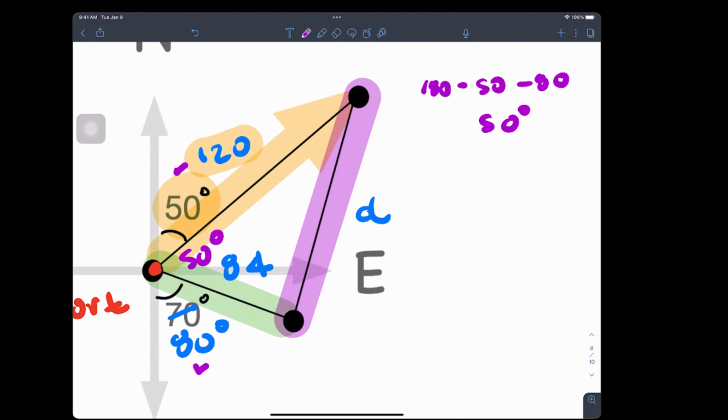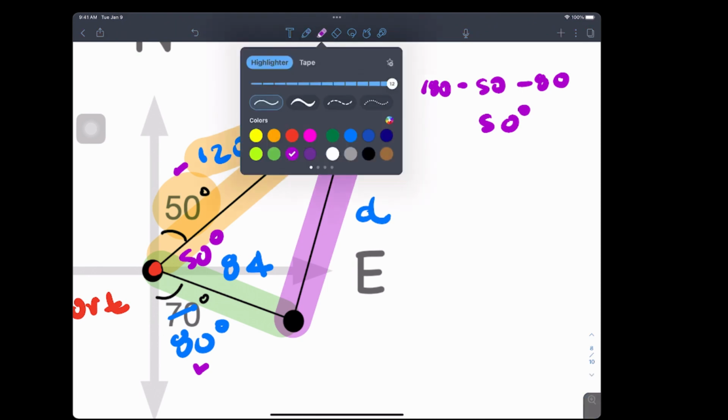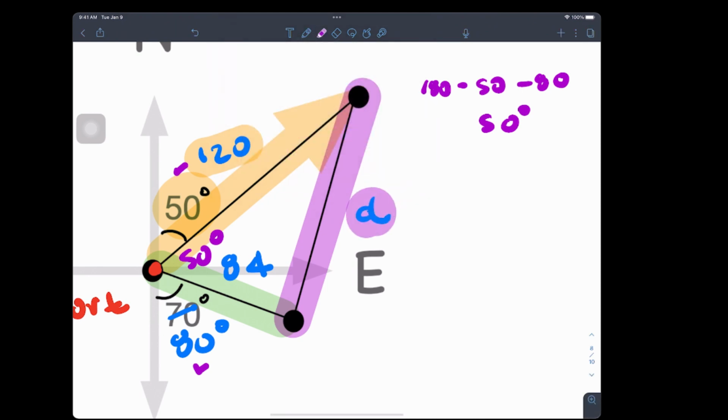Now, another thing I want to mention: what are you going to use to find the distance? Is this law of sines or law of cosines? Why is it law of cosines?